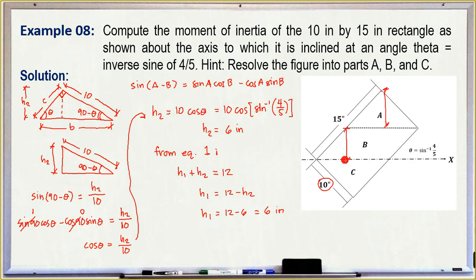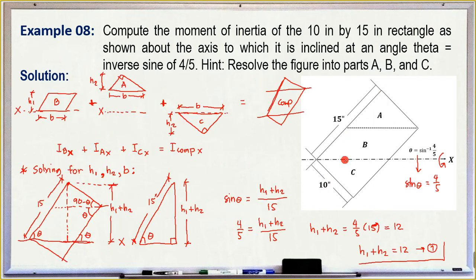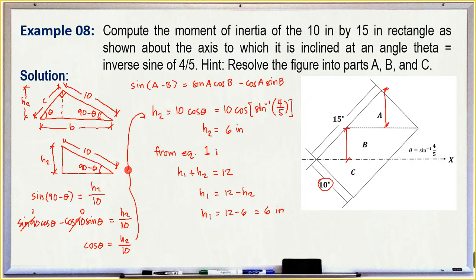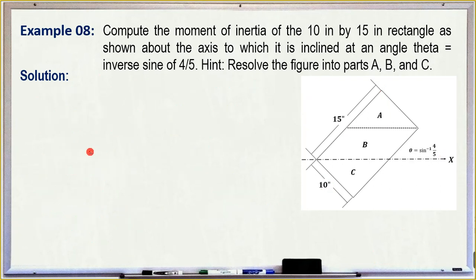So for the next slide, we are going to solve for the base B. Because if we go back to the previous slide, we have height 1 checked, height 2 checked, but we don't have B yet. So here in the next slide, it is still the same triangle, the upper part.